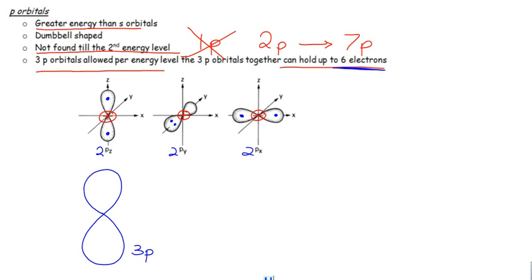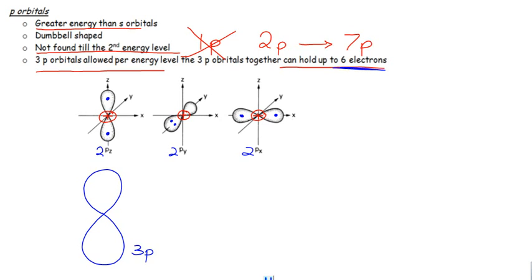From there we went on to the p orbitals. The p orbitals are a little bit larger than s's and they're higher in energy. So you will not find these p orbitals until the second energy level. There's no such thing as a 1p. They have kind of this dumbbell shape. There are 2 lobes, which is why they're a little bit larger than the s orbitals.